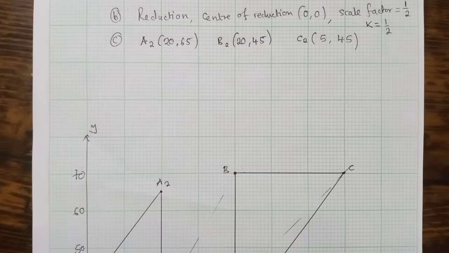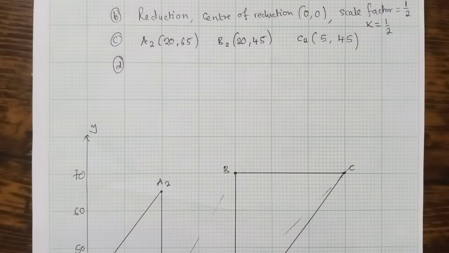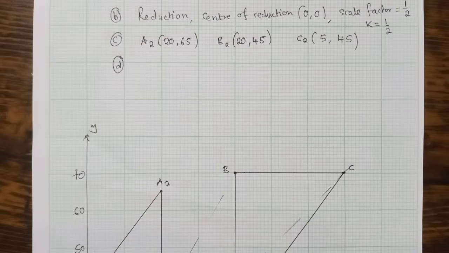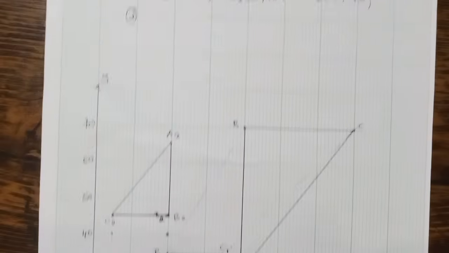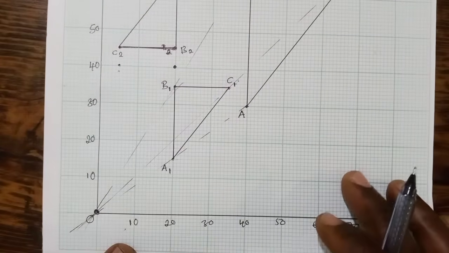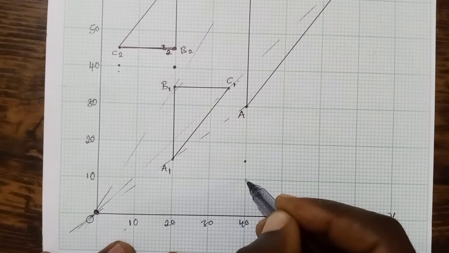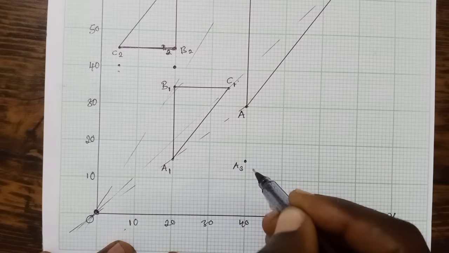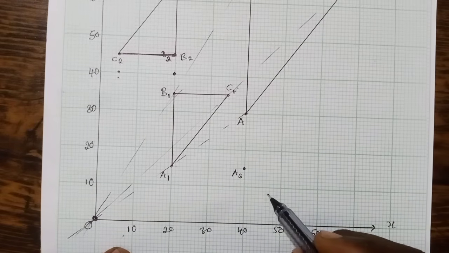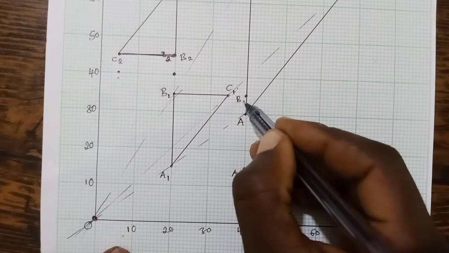We go to D. Question D, they're saying triangle A1, B1, C1 is mapped onto triangle A3, B3, C3 by a single transformation with vertices. So A1 is 40,15. So we can start plotting. So 40,15 is right here, because this is 1, 2, 3, 4, 5. Right here. This is A3. B3 is 40,35. It's right here.